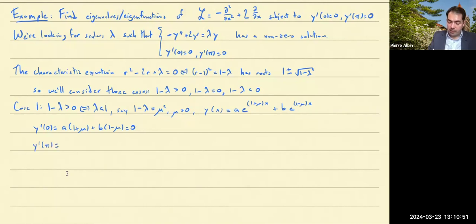So what's y prime at pi? Well, it would be a times (1 plus mu) times e to the (1 plus mu) pi plus b times (1 minus mu) e to the (1 minus mu) times pi, right? And that should be 0.